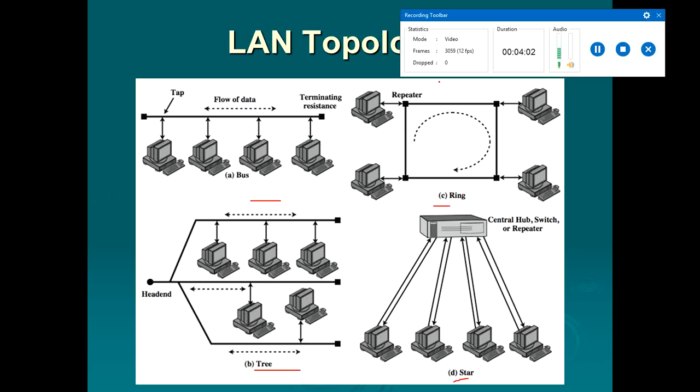In case of ring, the interconnection forms a ring-like or circle-like structure. In case of a tree, it forms a tree-like structure with branches. And in case of a star, you have a central element and the stations are attached to it, similar to a star-like structure.